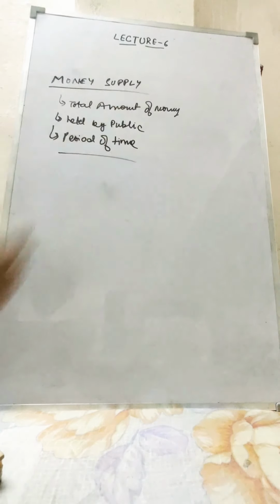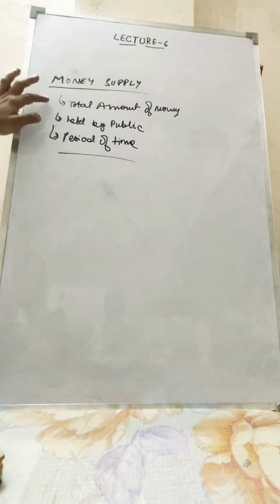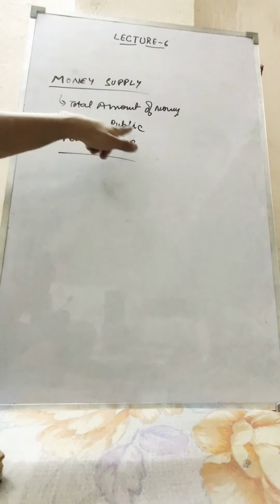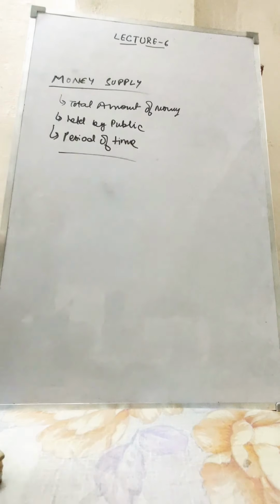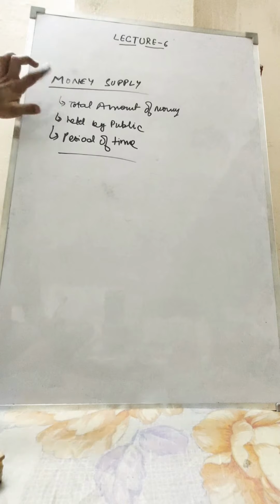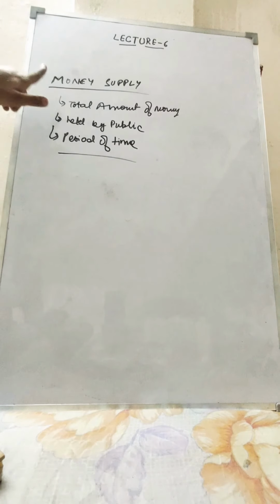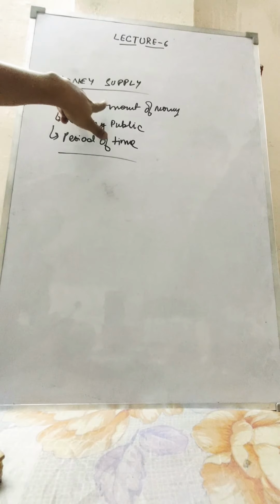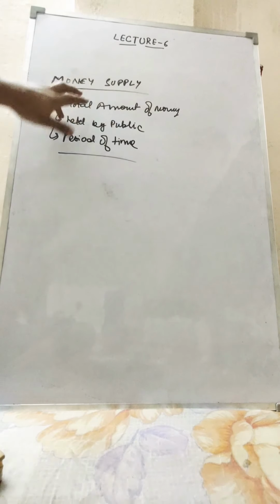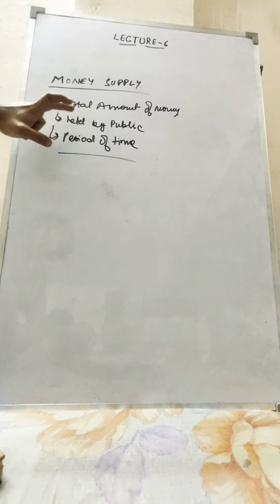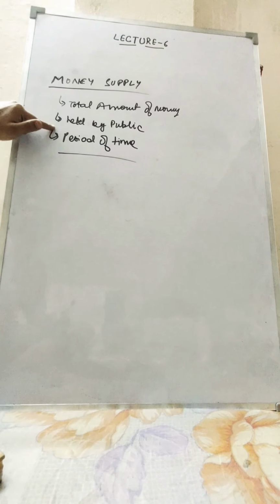So I can say that money supply is total amount of money that is held by public at a particular period of time. Why have I separated these three points in my definition? Because whenever I'm talking in terms of total amount of money, this is a very important point that you should not miss in your answer. And then it is always held by public.